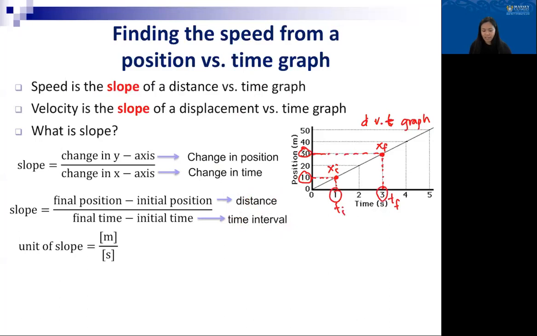And we've already encountered this definition before, right? We defined that speed is equal to distance divided by time, and the unit for speed is meters per second. So by relating the definition of slope, change in y-axis over change in x-axis, to the particular graph, position versus time graph, we can actually see that the slope is actually equal to the speed.